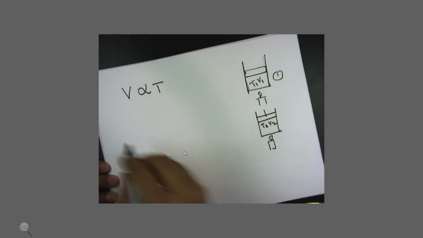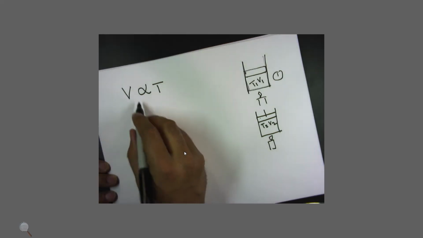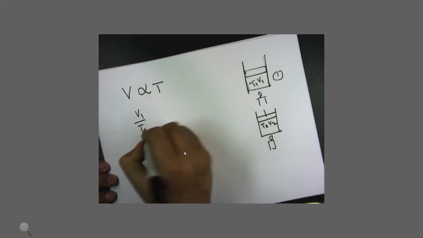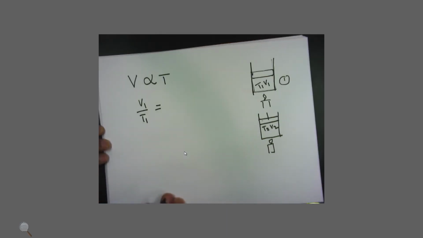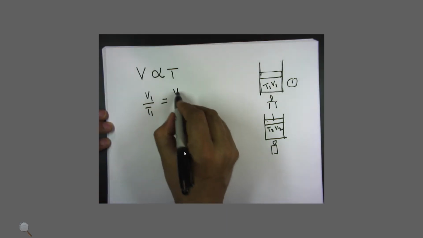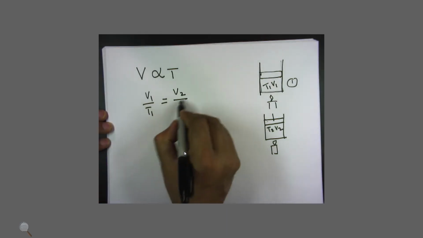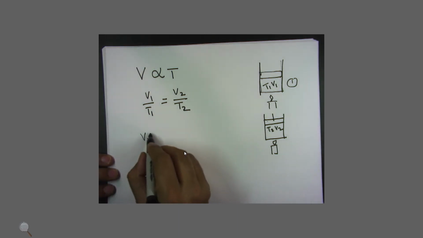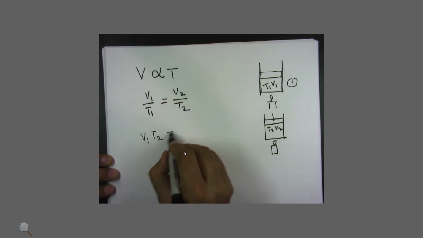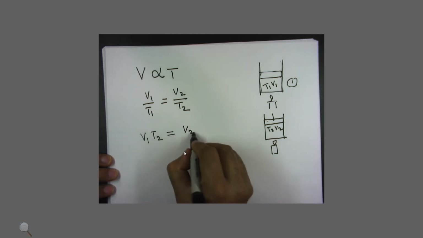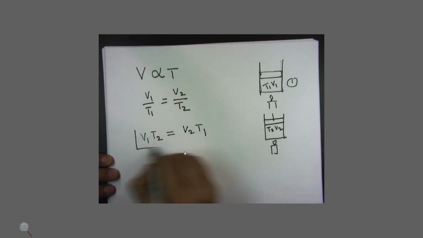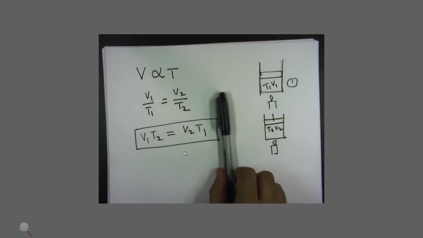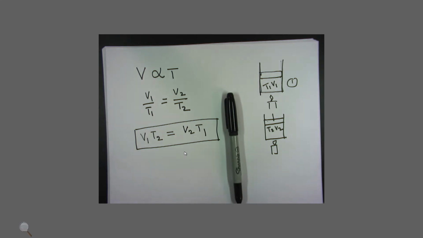If I look at these two situations, proportionality says V1 over T1 is equal to V2 over T2. With simple multiplication, V1 multiplied by T2 is equal to V2 multiplied by T1, and that is Charles' law that we want to establish with our molecular dynamics experiment.